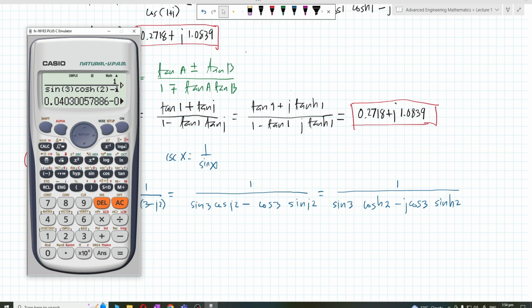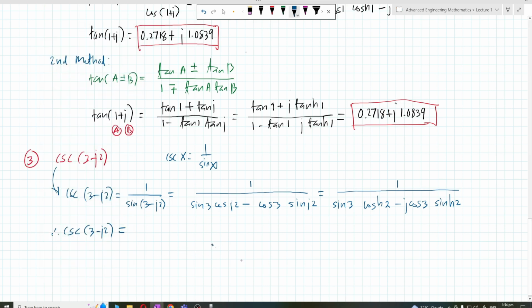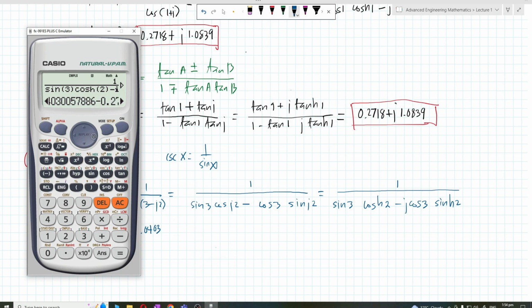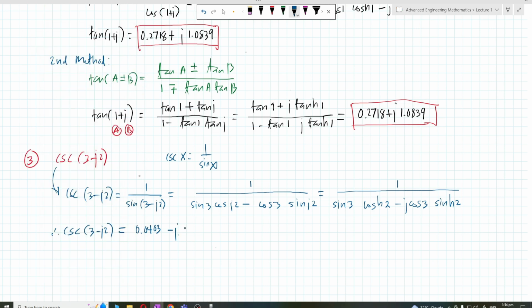So 0.0403 minus j 0.2725. Okay, so this is the equivalent value or expression for cosecant of 3 minus j2.